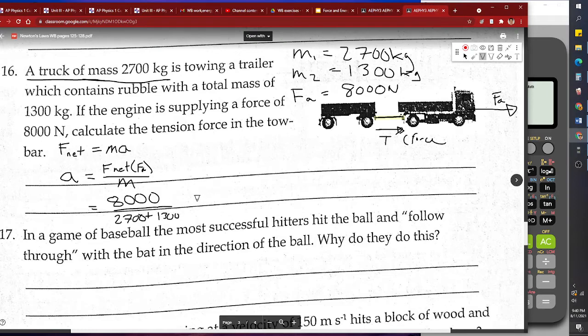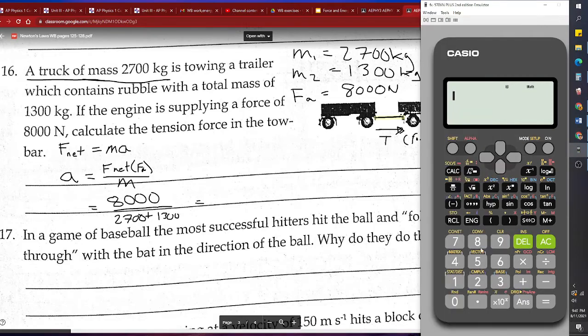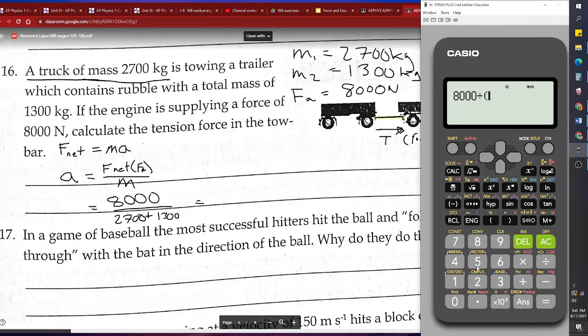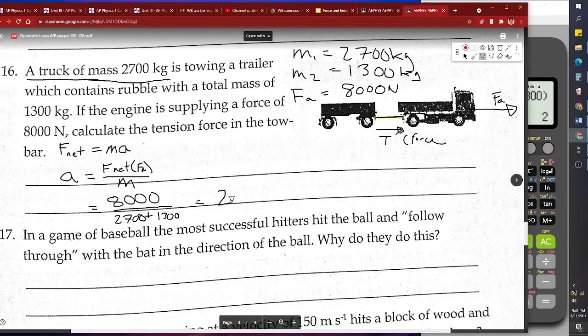If I go to my calculator, 8,000 divided by, if you're good at math, you can see that would be 4,000 underneath there. But I'll show you here so there are no mistakes. You should get 2 meters per second squared. Now, the truck and the trailer are both accelerating at the same acceleration.